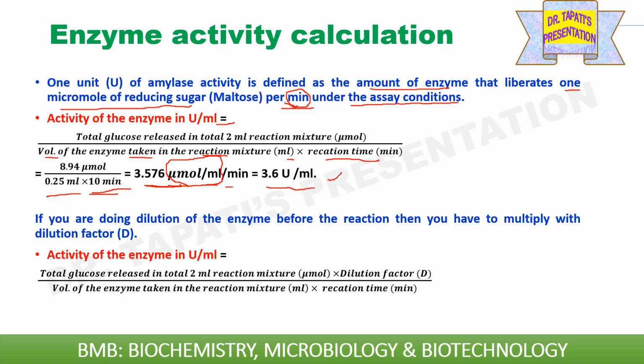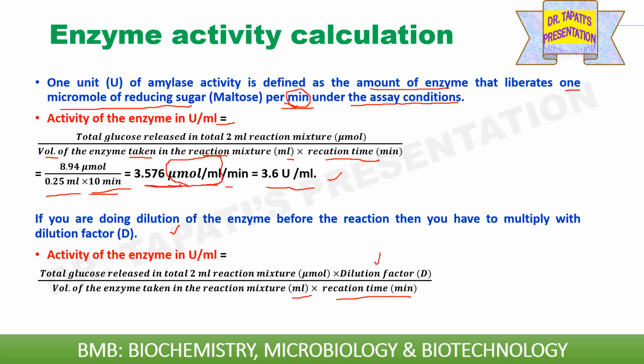If you are doing dilution of the enzyme before the reaction, then you have to multiply by the dilution factor. In that case, the activity of the enzyme in unit per ml will be the total maltose released in the total 2 ml reaction mixture in micromole, into the dilution factor, divided by the volume of enzyme taken in the reaction mixture in ml, into the reaction time in minute.